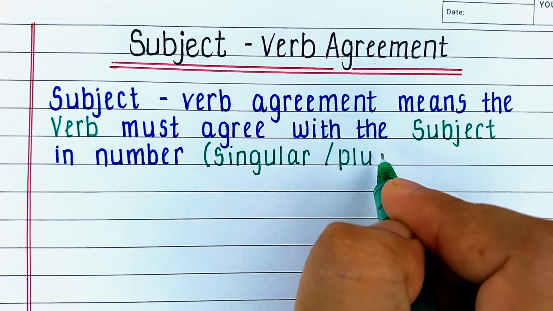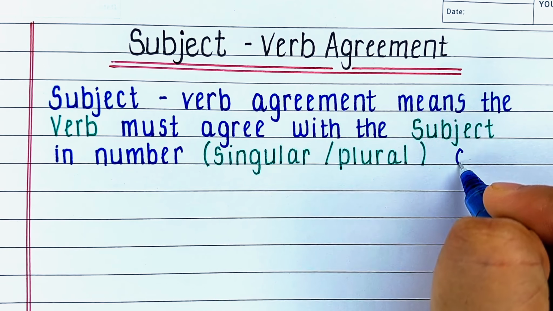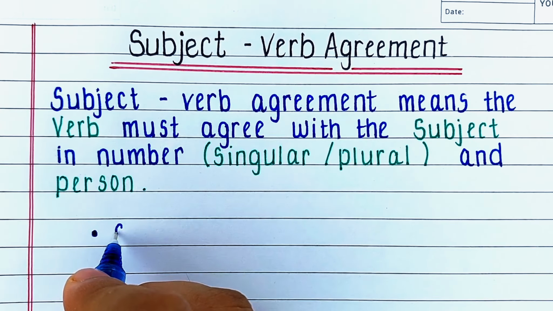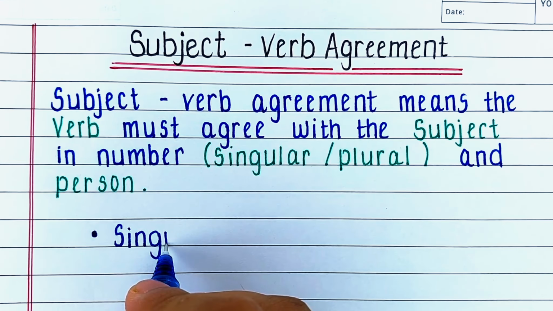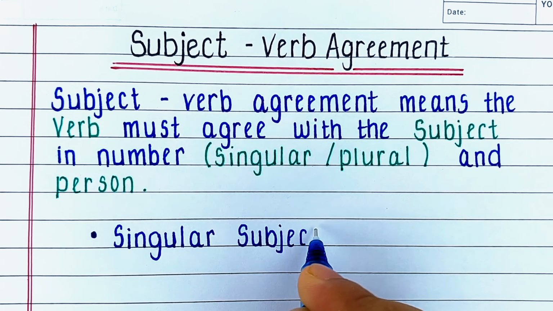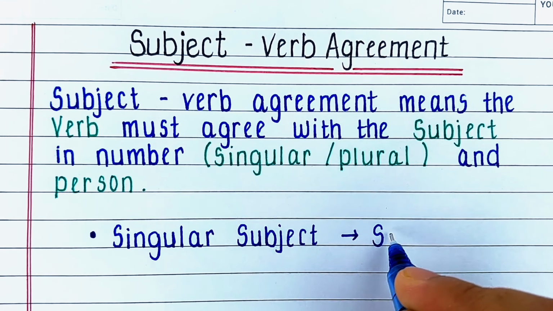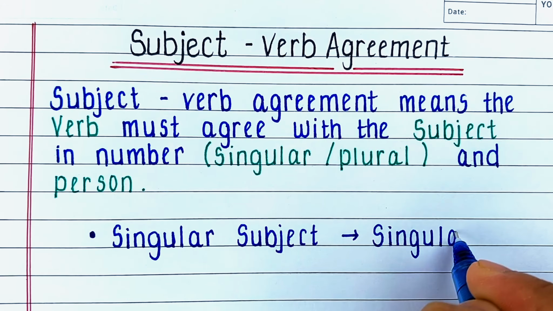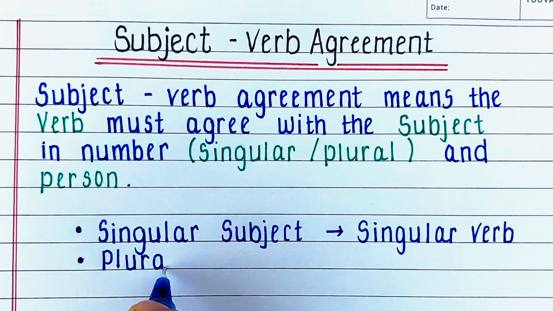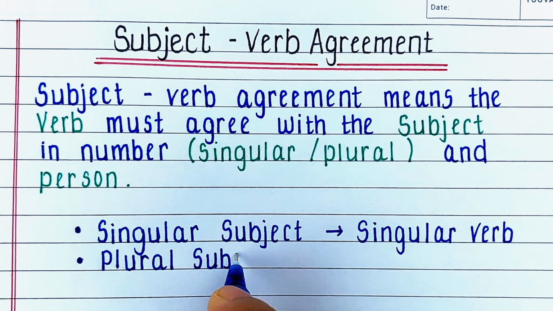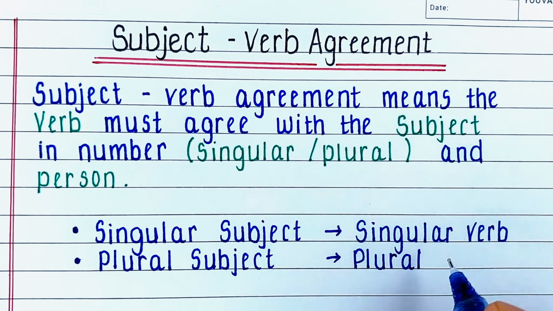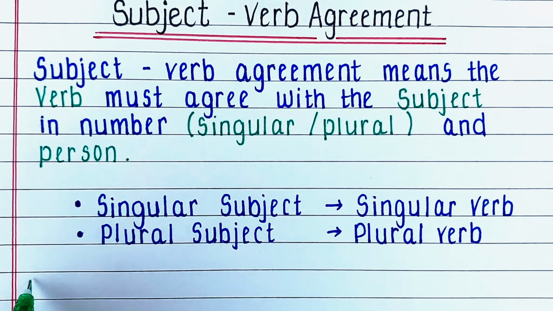Subject-verb agreement means the verb must agree with the subject in number, that is singular or plural, and person. So, singular subject takes singular verb, and plural subject takes plural verb. Sounds simple?